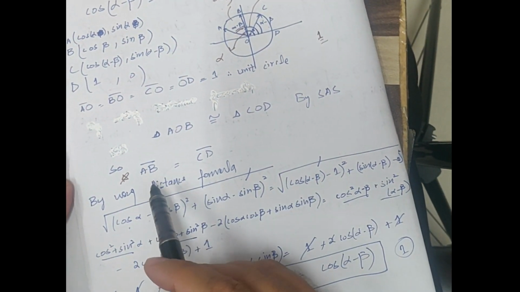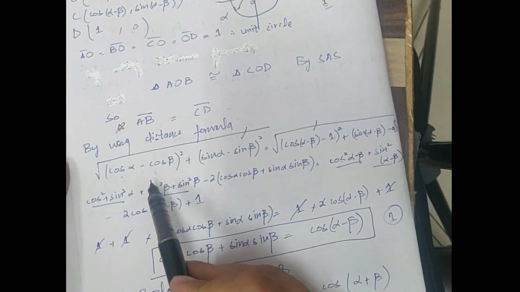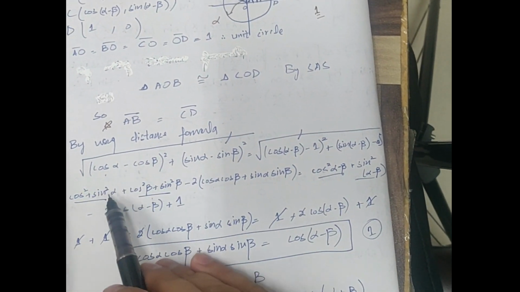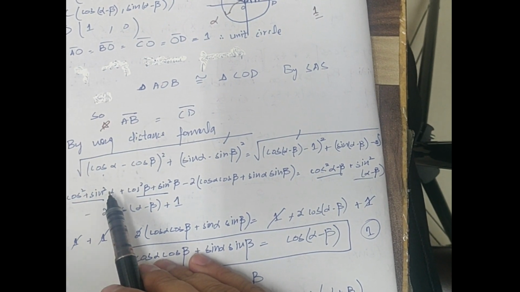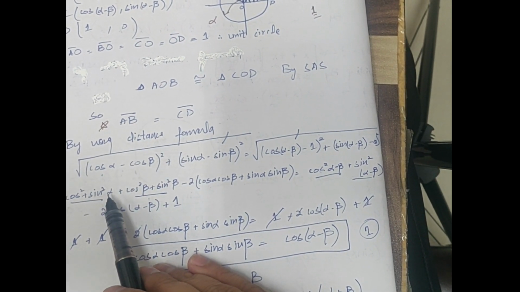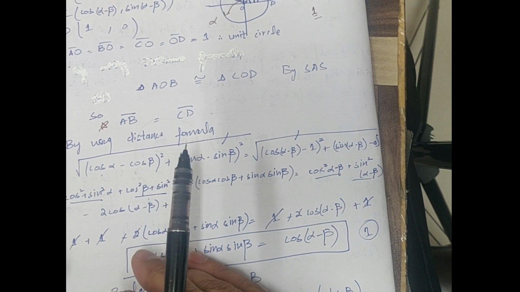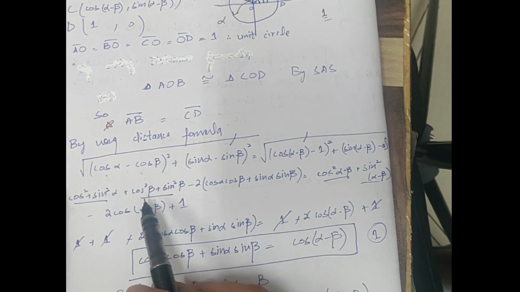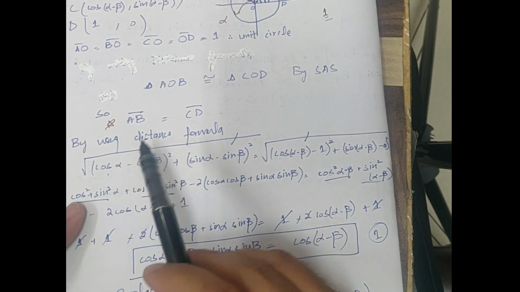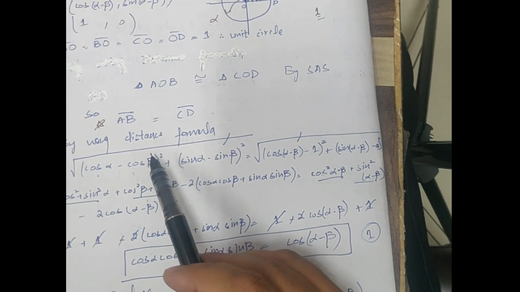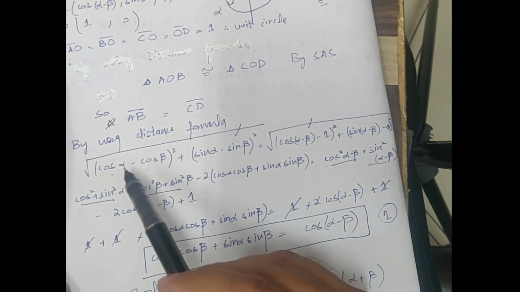Now we are going to measure the length AB of this triangle by using the distance formula. We know that the distance formula is a variation of the Pythagoras theorem. I will not go into the details of that theorem, I just want you to know how to use this formula.